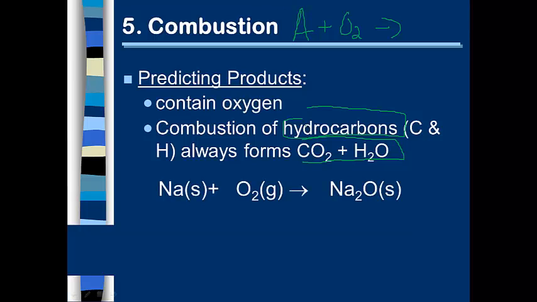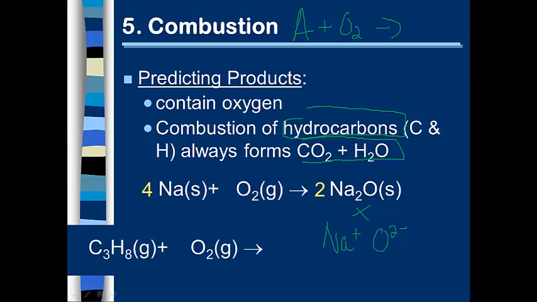Now for example, this one is not a hydrocarbon, this is a regular combustion reaction, but if I combust sodium in the presence of oxygen, I form a new ionic compound on the other side, and all I have to do is balance my charges, and since sodium is a 1 plus, oxide is a 2 minus, this is what I end up with for my formula. And to get it balanced, I do need to put a 2 to get the oxygen to balance, and then I got to put a 4 out here to get the sodium to balance.